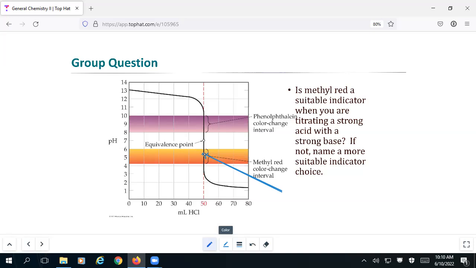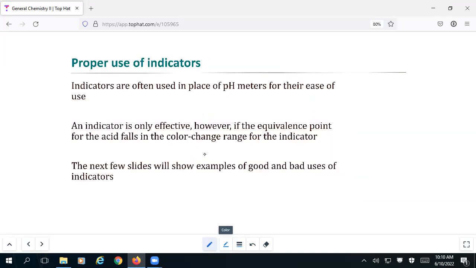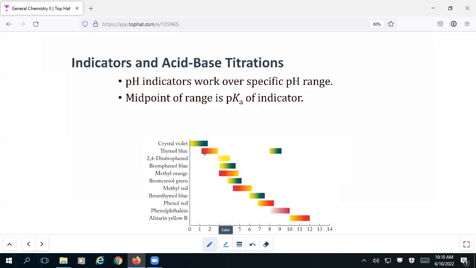Even though we could look at this indicator list and say, you know what, bromothymol blue seems to change colors right around pH 7. Why not use that? True, we could. We absolutely could. But phenolphthalein would work just as well in terms of giving us an accurate result.